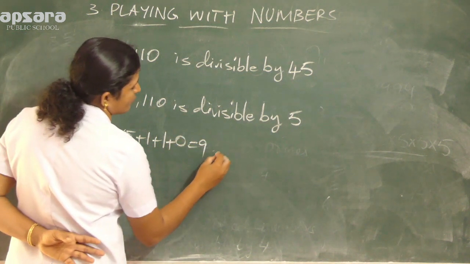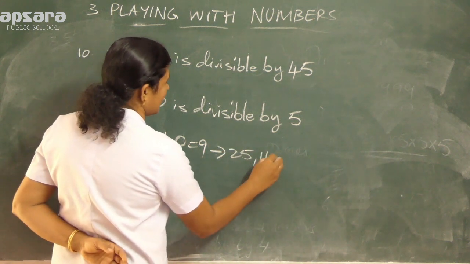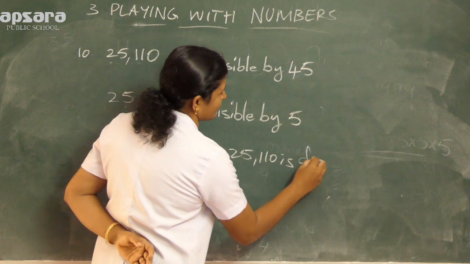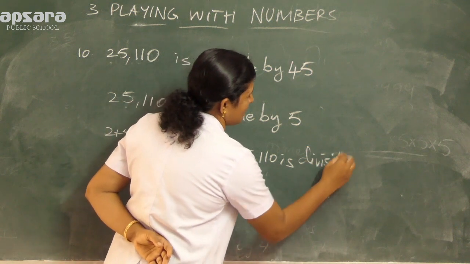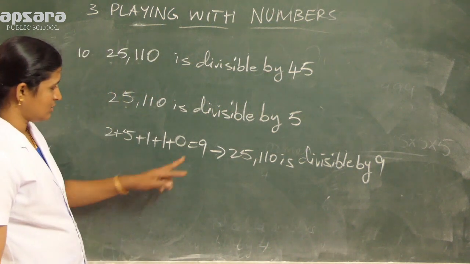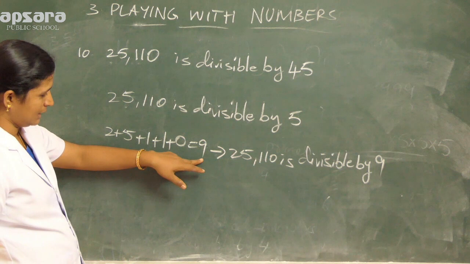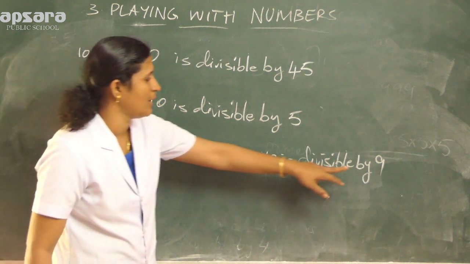So 25,110 is divisible by 9, because the sum of the digits is a multiple of 9.